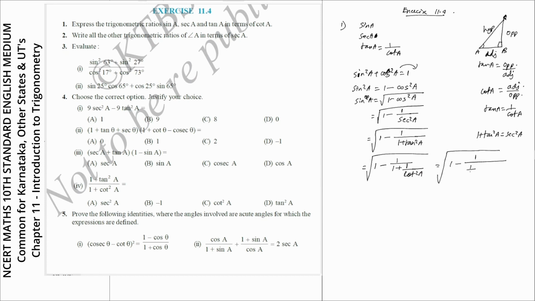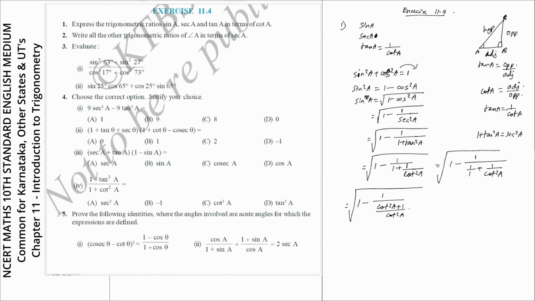So here 1 means it is 1 by 1 plus 1 by cot square A. Now if I can take the LCM there, this is equal to square root of 1 minus 1 by LCM of 1 and cot square A, which is cot square A. So I'll get cot square A plus 1 by cot square A.